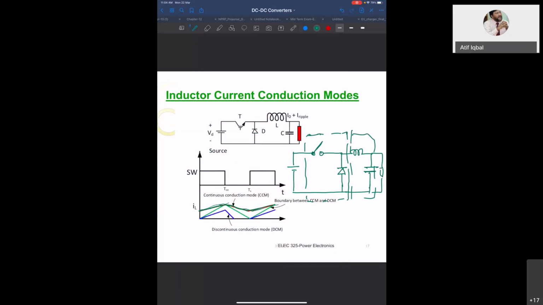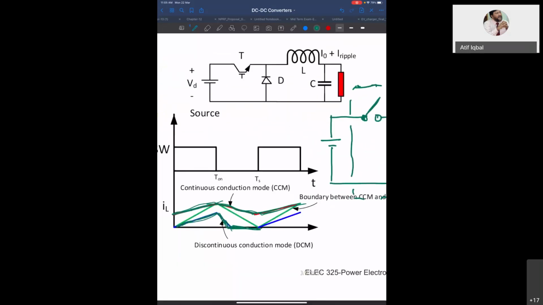Now, if you look at this third diagram, the current reaches zero and then it remains zero for some time and then again it rises. Since the current is zero for a considerable amount of time, this type of conduction we call discontinuous conduction, because you have current positive for some time and then zero for some time.